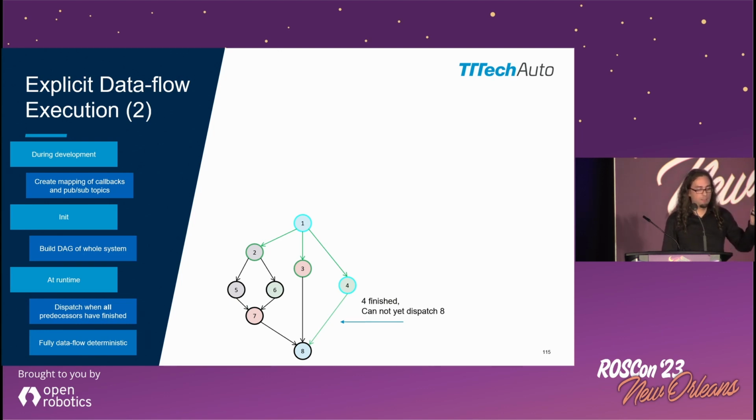Because it also depends on callbacks 3 and 7. So what's the difference now? We're not going to do anything in callback 8. We're not context switching to it to store data, to trigger an execution, which we then immediately figure out we do not yet need to do anything yet. So we just dispatch the other callbacks first, and we get to 8 as soon as all its predecessors finished.